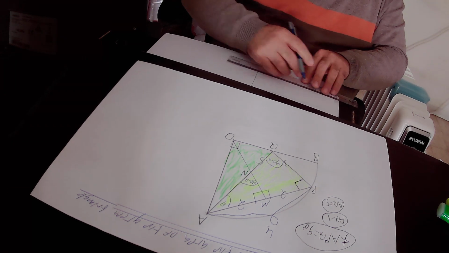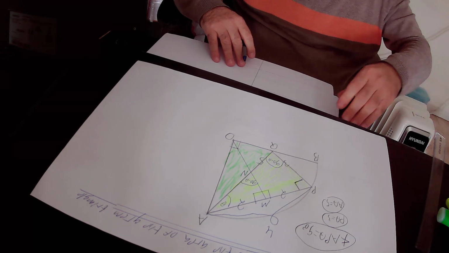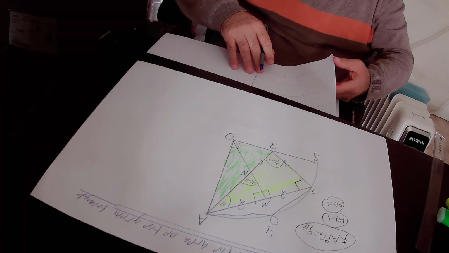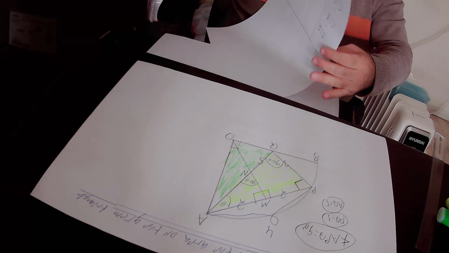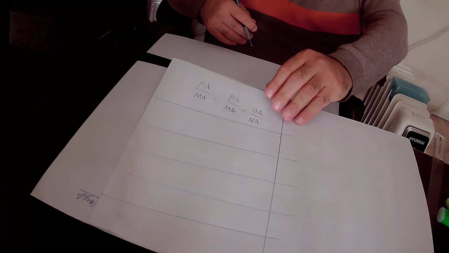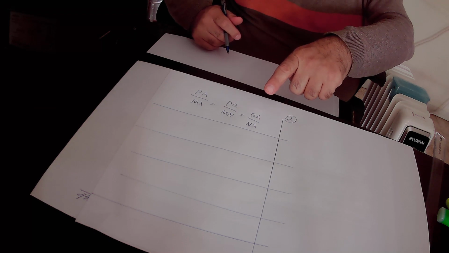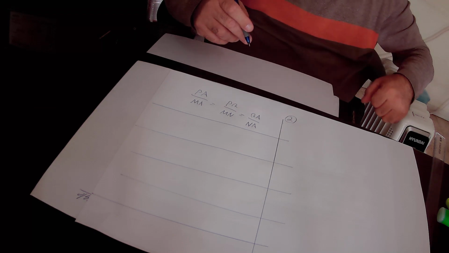PA over MA equals PQ over MN equals QA over AN.